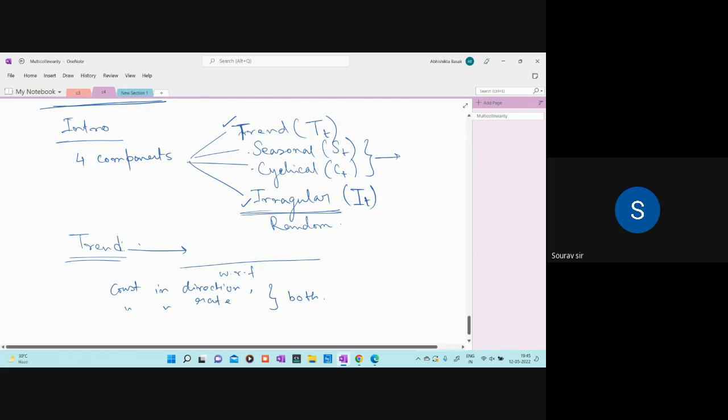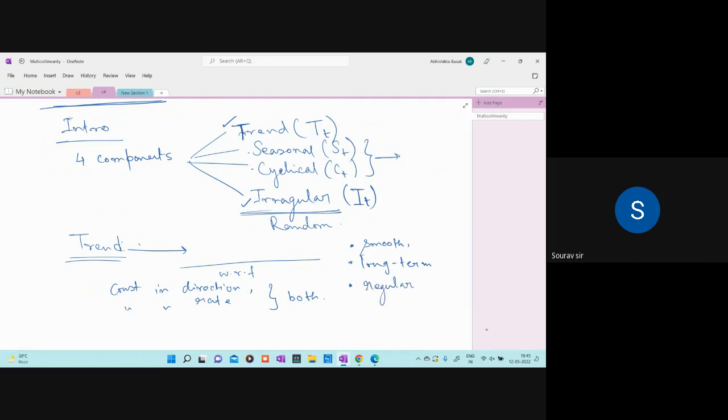In one line, we can say the smooth, regular, and long-term movement of a statistical series is called trend. So what are the points I am highlighting? Smooth, long-term, and regular movement of a statistical series.